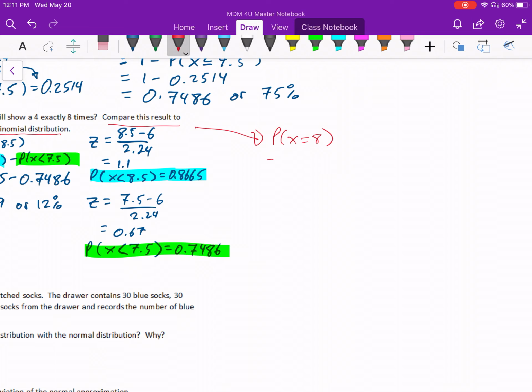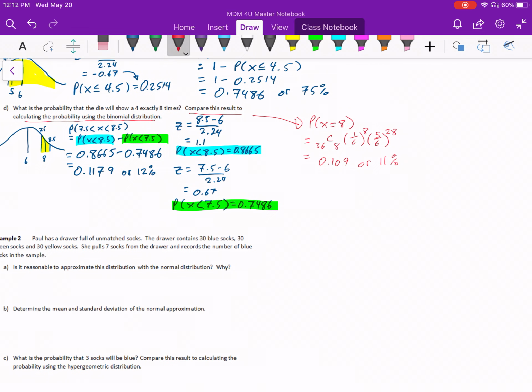So it's going to be 36 trials, choose 8 successes that we want to have. The probability of success on a single trial is 1/6. We raise that to the exponent 8. The probability of failure on a single trial is 5/6. We raise that to n minus 8, so 28. Put that all in the calculator, it works out to 0.109, or approximately 11%.